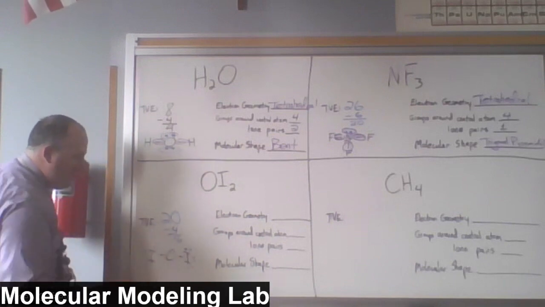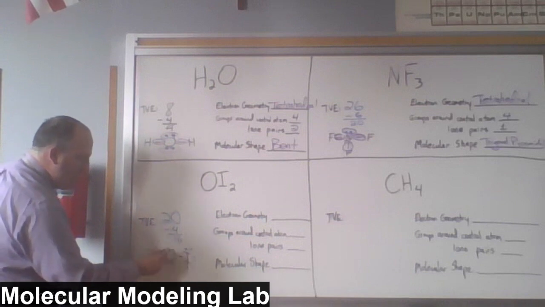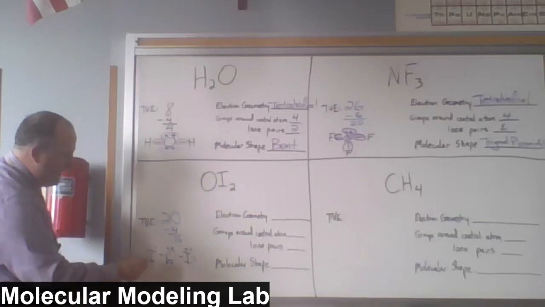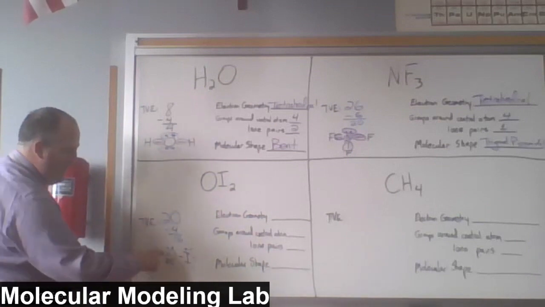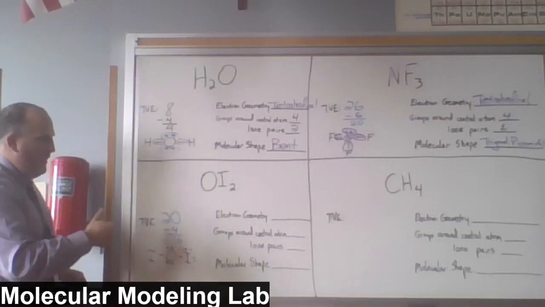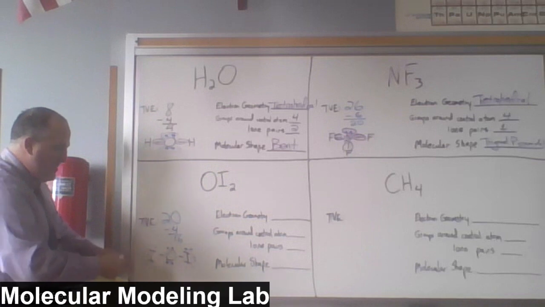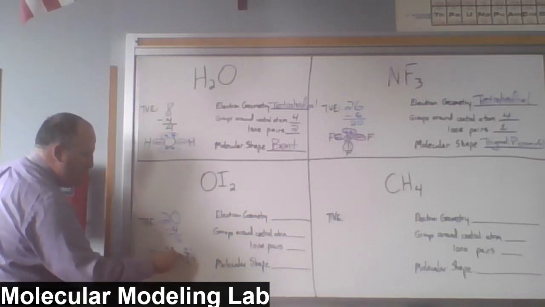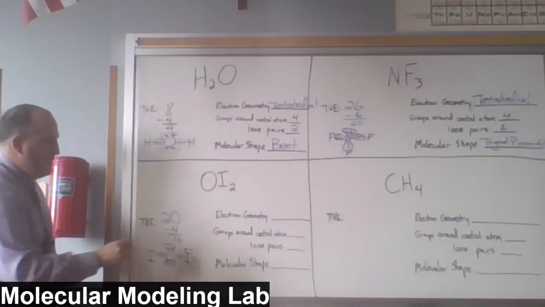By the octet rule, we can take 6 dots around each iodine. That takes up 12, leaving 4 for the central oxygen. Now, if you count up electrons around each atom within the structure, the iodine on either side, 2, 3, 4, 5, 6, 7, 8. So we're good on octet rule. If you're satisfied with that Lewis structure, then we count total electron groups, including the lone pairs.